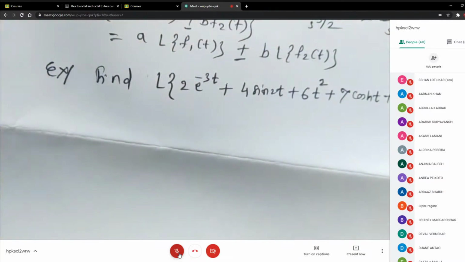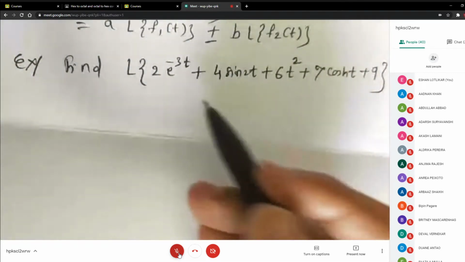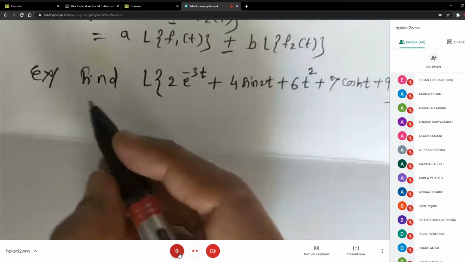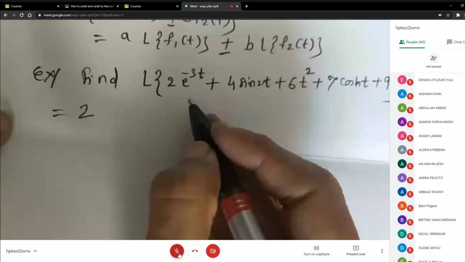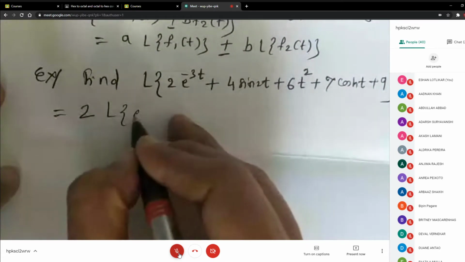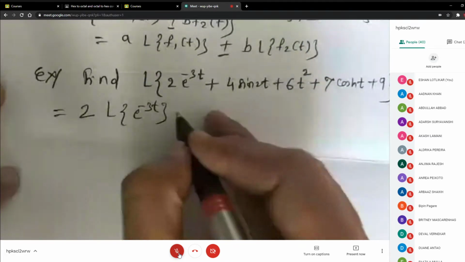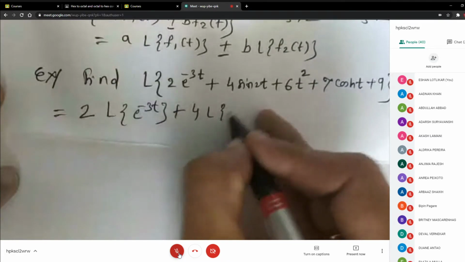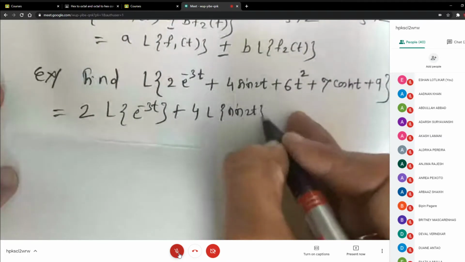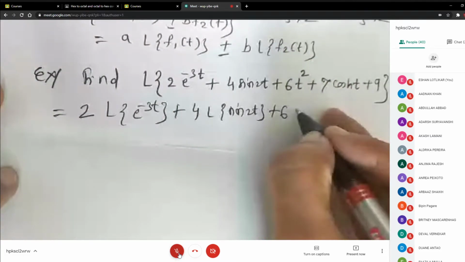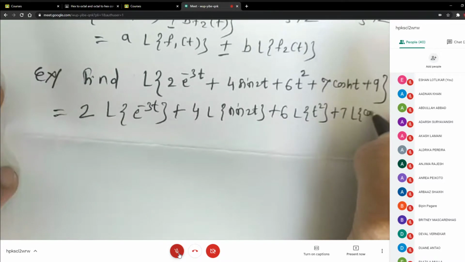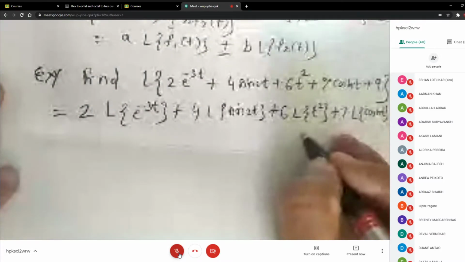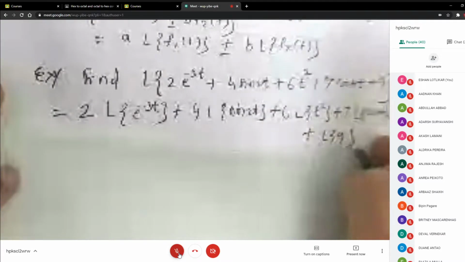Now to solve this problem, we are going to take help of linearity property. Linearity property means what, students? See, from the first term take constant 2 out. So it will be Laplace of e raised to minus 3t, plus 4 out, Laplace of sine 2t, plus 6 out, Laplace of t square, plus 7 out, Laplace of cos hyperbolic t, plus Laplace of 9.